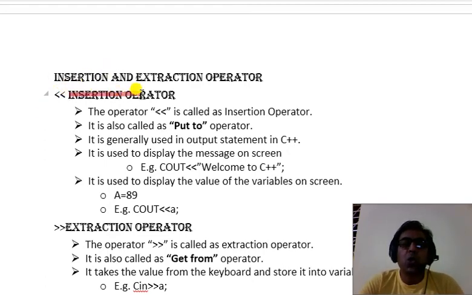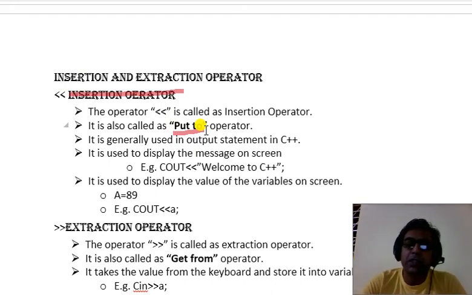Now what is the use of this insertion operator? In C++ programming, if we want to display some text or some message on screen, at that time we use this insertion operator with the cout statement in C++.